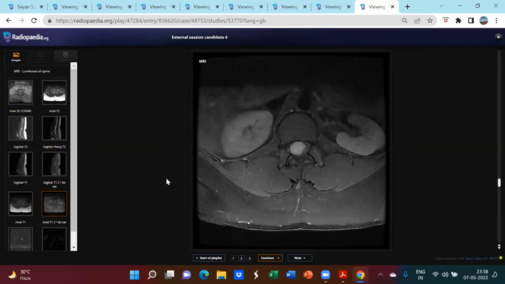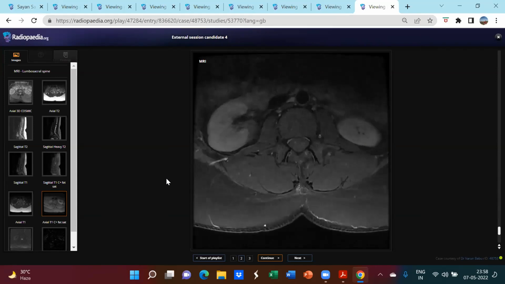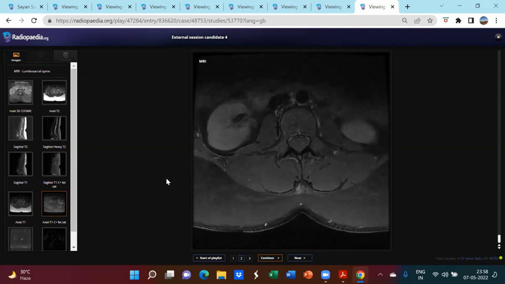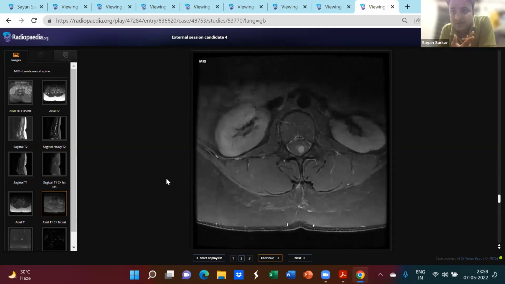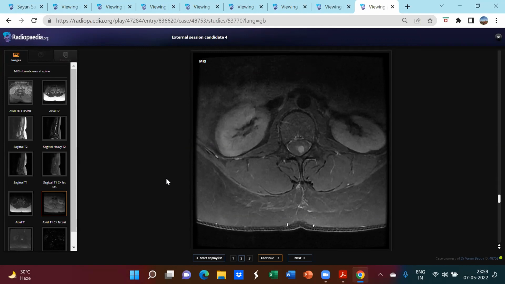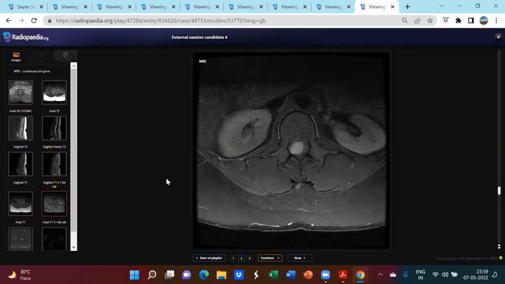I would also like to look at the soft tissues, if there are any neurofibromas. Where? You're seeing the spine, right? When you're seeing anything in the spine, is there any other part of the body which you want to screen? Yes, in a case where I might see multiple neurofibromas, I would want to image the brain as well.